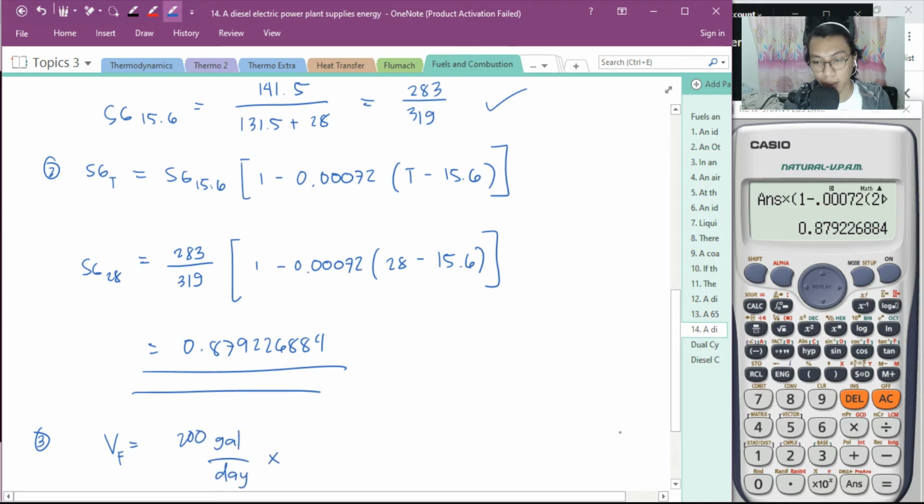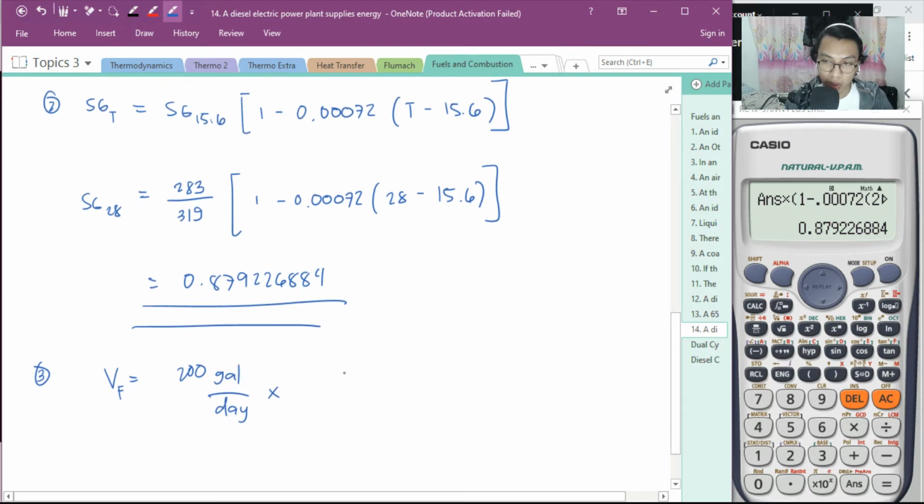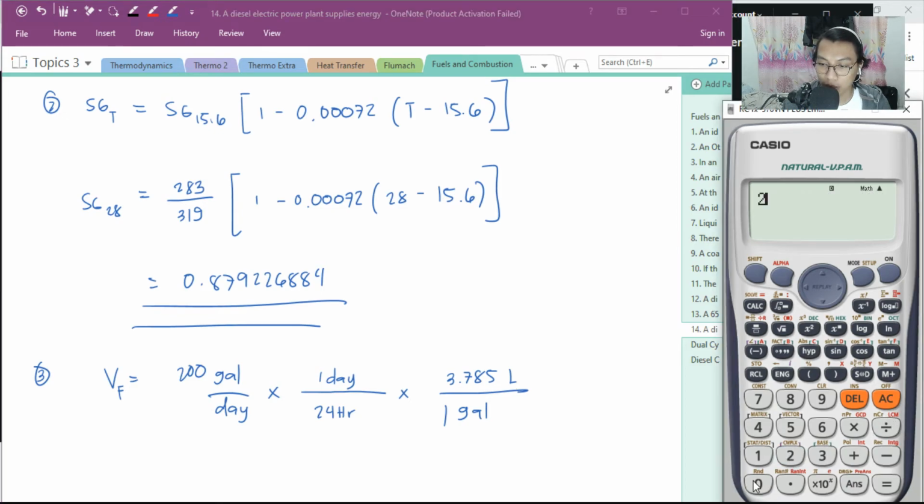Multiply mo nang yung liter per gallon, tapos gawin mong in hours. Gawin nating liters per hour. So, 1 day, 24 hours, tapos 3.785 liters to the gallon. Okay, solve natin. 200 times 3.785 divide by 24.